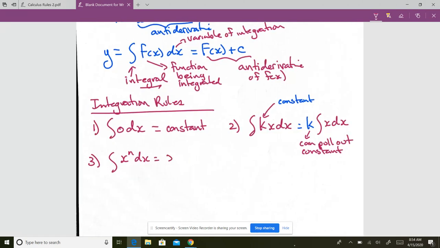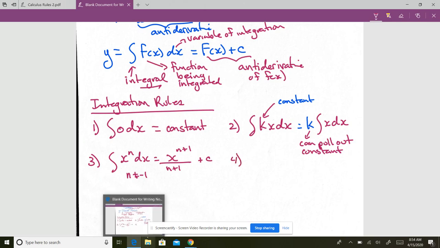So this would be x to the n plus 1, and you're going to divide by that new exponent, n plus 1, plus c. In this case, n cannot equal -1. We'll learn why that is in a bit, and we'll learn how to deal with that as well. But for now, we're not going to deal with n equal to -1.